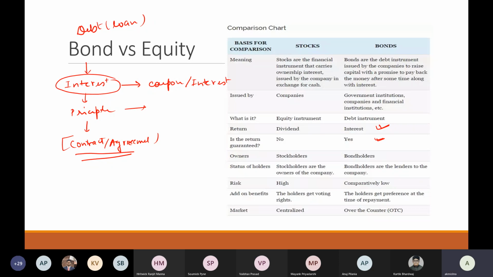If the company is not able to meet its obligation towards regular interest payment or coupon payment, in that case the bondholder may take some kind of strict action against the company. So that kind of contract or agreement can be there.